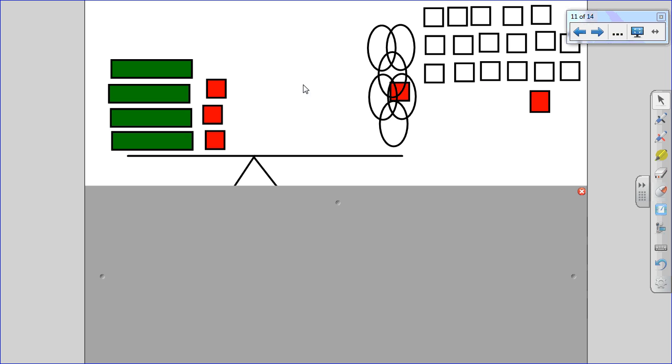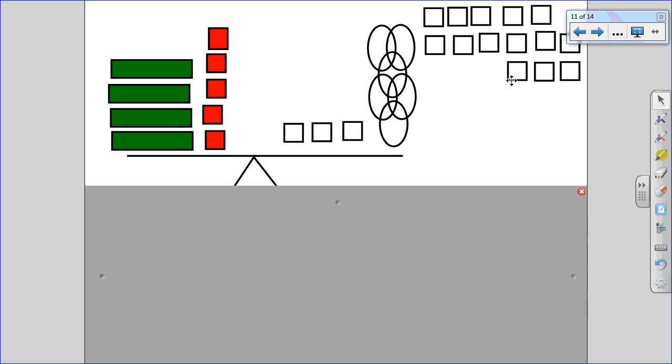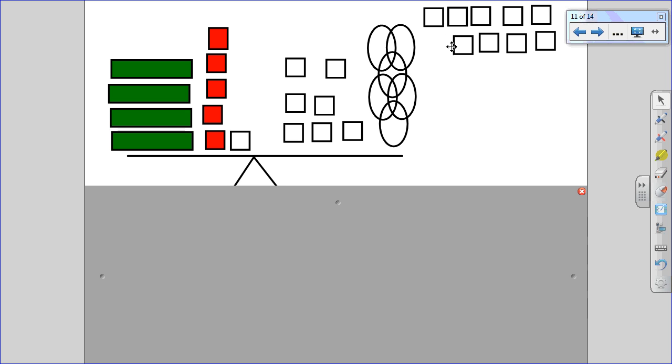And the right side is negative 7. Now, I want to get the x's by themselves. So in order to get the x's by themselves, I have to get rid of these positive ones. So I'm going to put the opposite on. We just talked about that strategy.